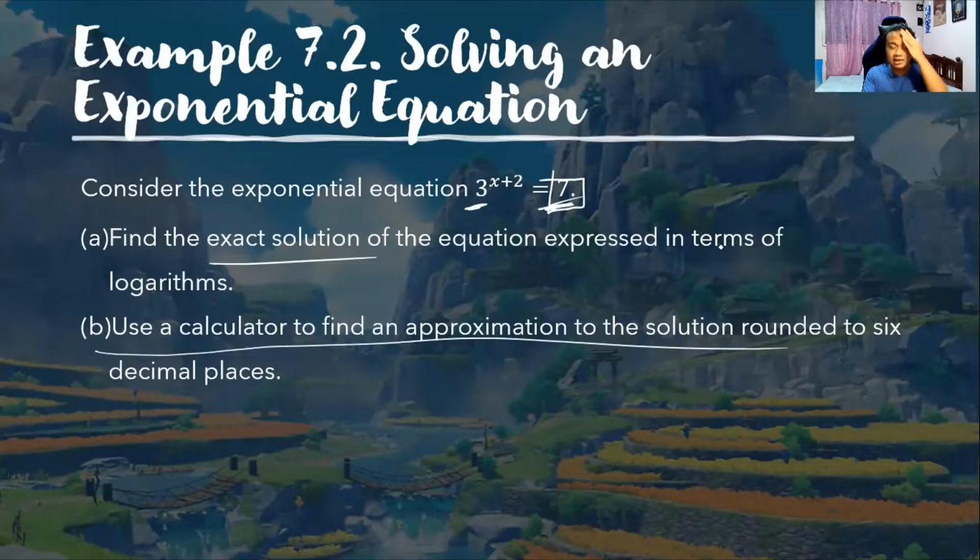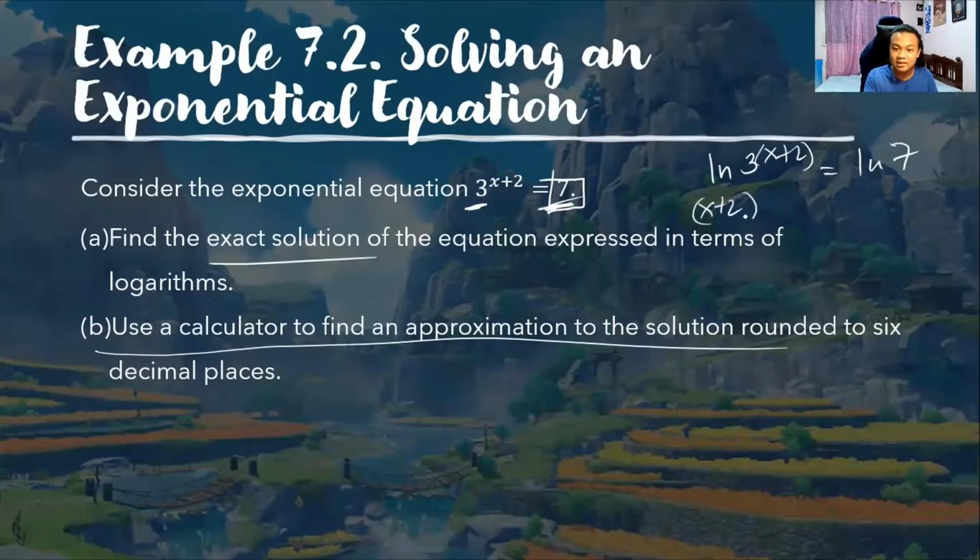You can use logarithms. What was written in your module is log, but for me, this is how I solve this. I use ln, which is actually easier. We bring down the exponent, which is what we learned in the previous lesson.